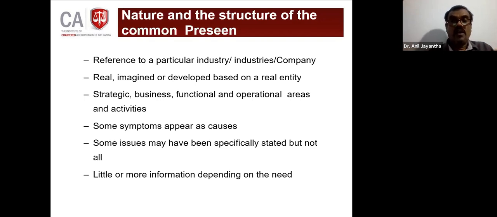So therefore, nowadays, the information provided in a pre-seen may not be biased, or bias is there in the industry, maybe due to some weaknesses in the development of the pre-seen, some biases or over-emphasis on one or two particular areas can be seen.